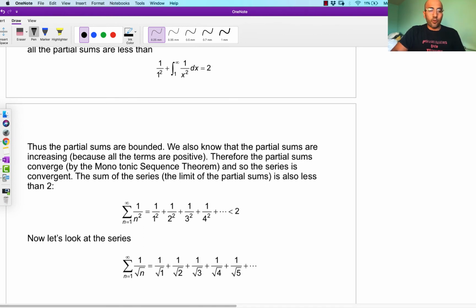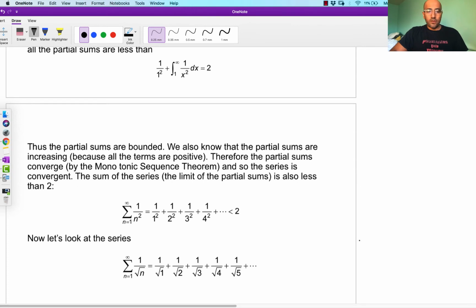But anyway, it's important to identify that the individual terms were positive, therefore the series was increasing. All we have to do was show that it is bounded above, and those two pieces of information can lead us to conclude that this series is convergent.